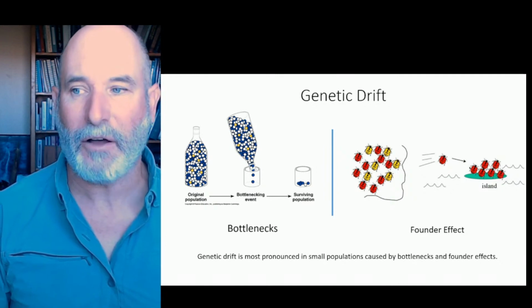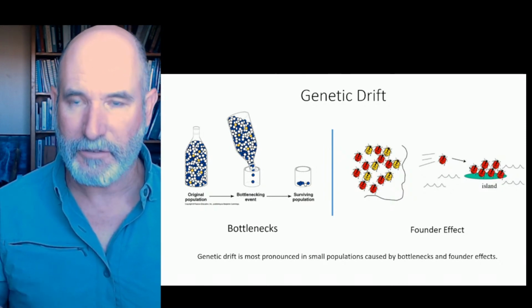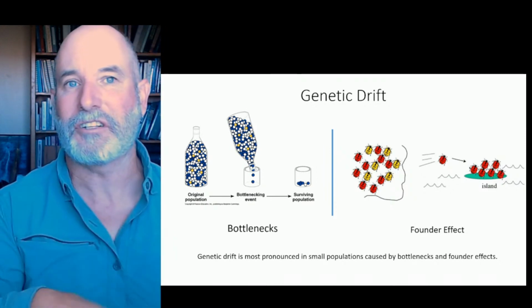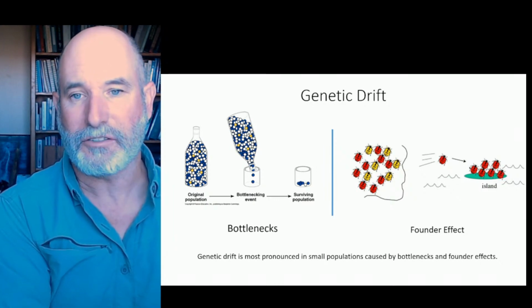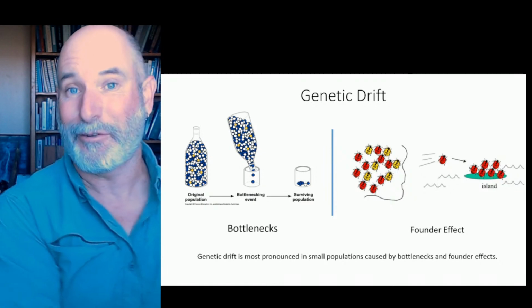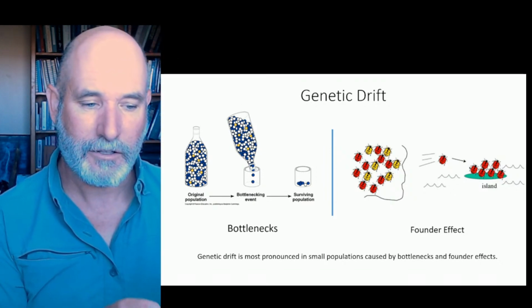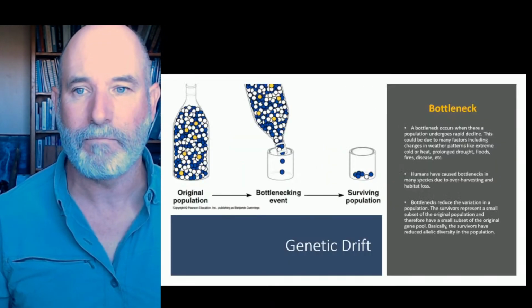The other one is the founder effect. If a small flock of birds from the mainland flies, gets lost, and lands on a new island, then that group of birds almost certainly has a different allele frequency, because it has some subset of the alleles from the large population and may not have all of them.